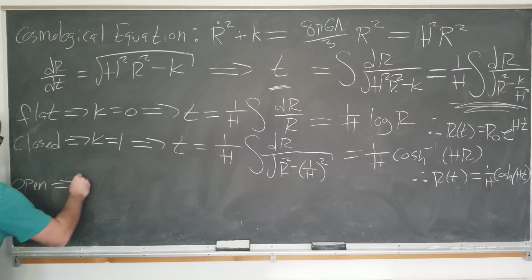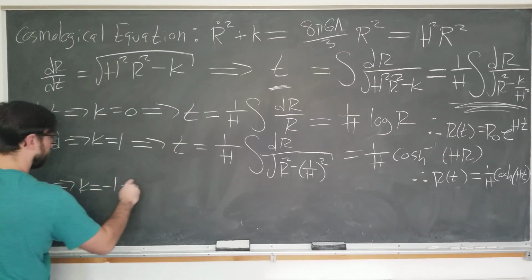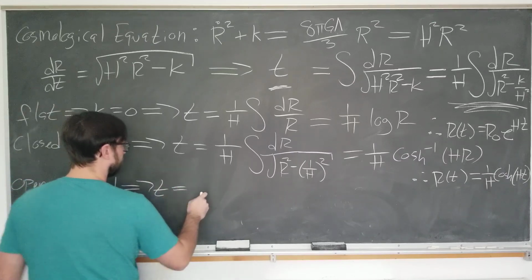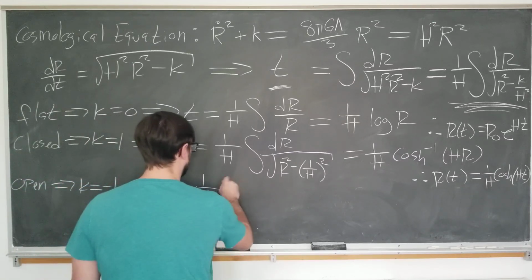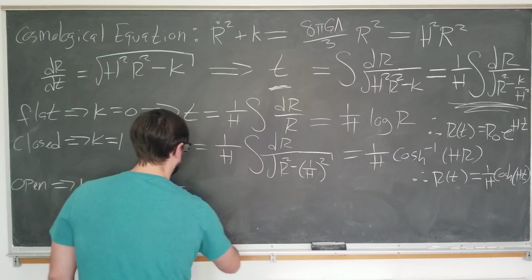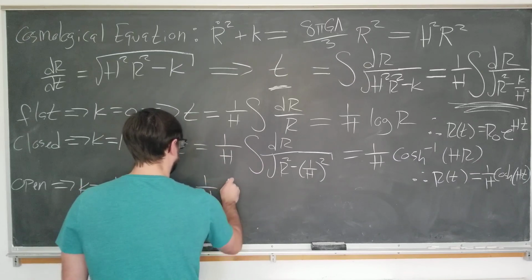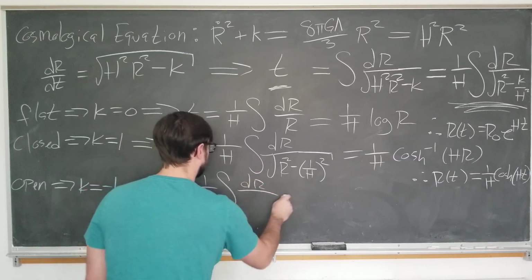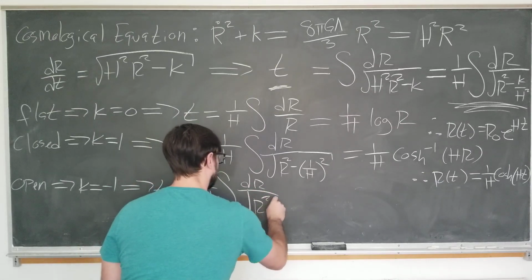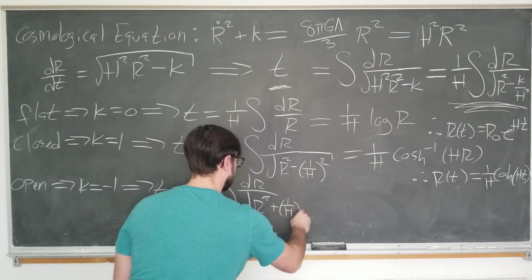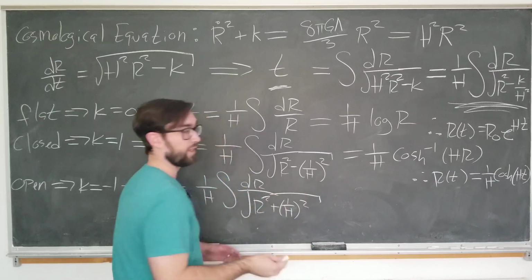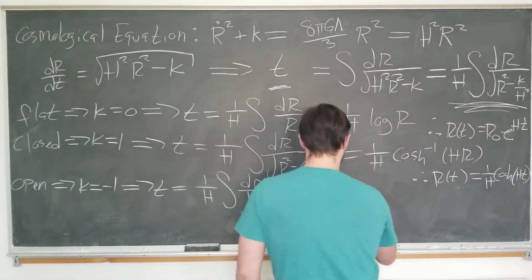Open universe, k equals minus 1, or t is equal to 1 over H integral with respect to r over the square root of r squared plus 1 over H squared, which is just a standard integral formula as well.